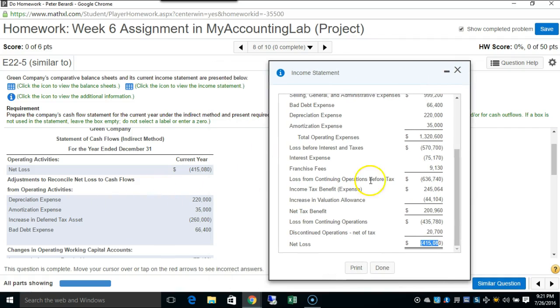We're going to add back depreciation expense of $220,000. We're going to add back $35,000 in amortization. And we're going to add back bad debt expense of $66,400.